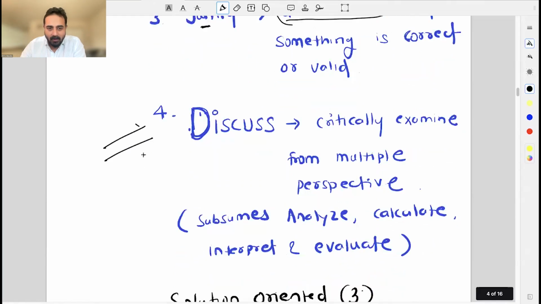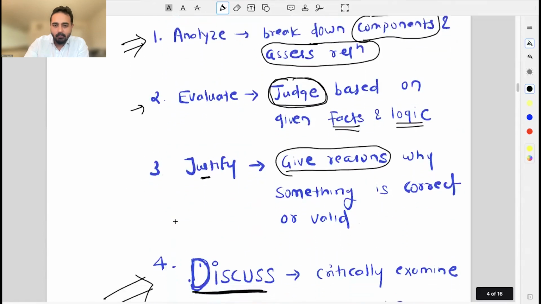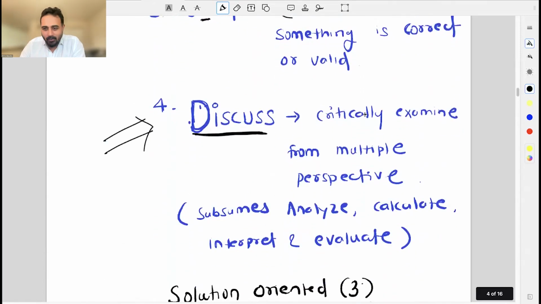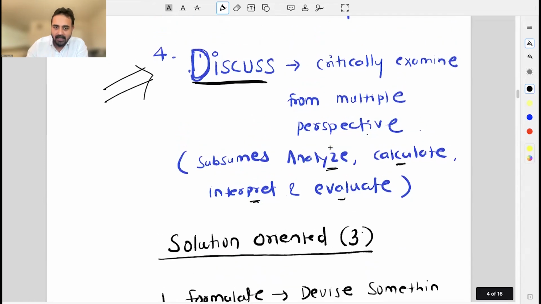Then another important command word called discuss. Okay, this is a larger command word. Remember earlier we saw a larger command word as explain. Now one more larger command word is discuss. Look at the definition. Critically examine from multiple perspectives. It includes analyze, it includes calculate, it includes interpret and evaluate, which means it is going to be okay for you to provide some calculation if the word discussion comes, right?